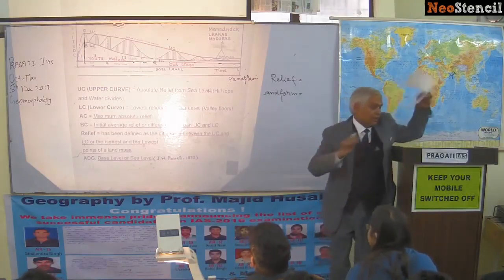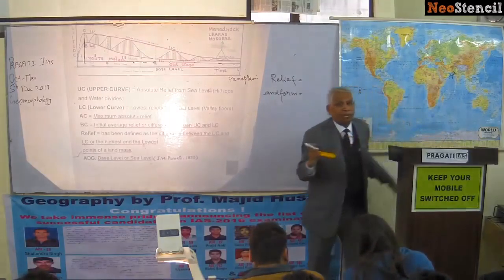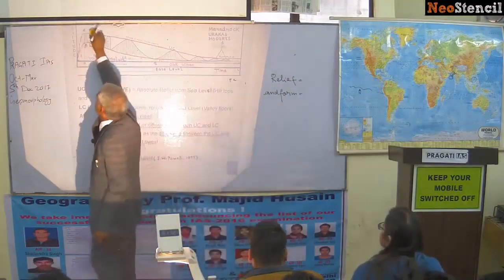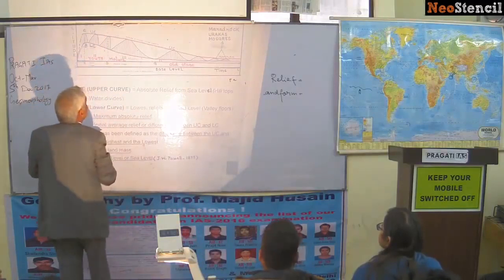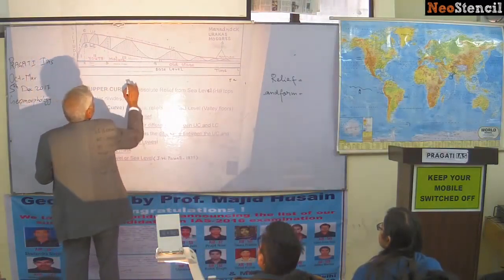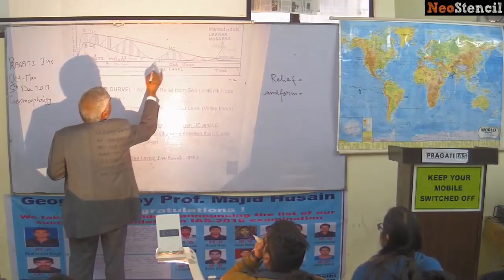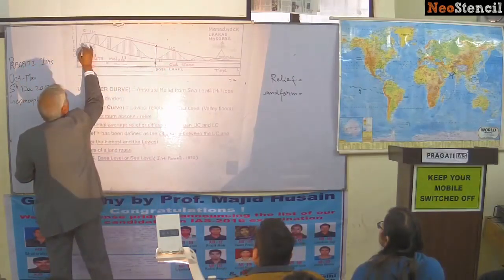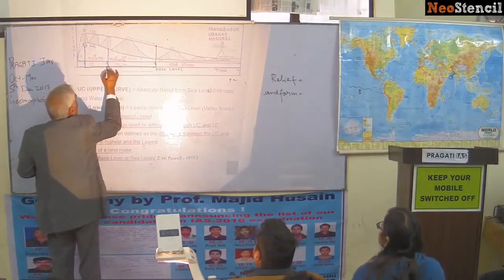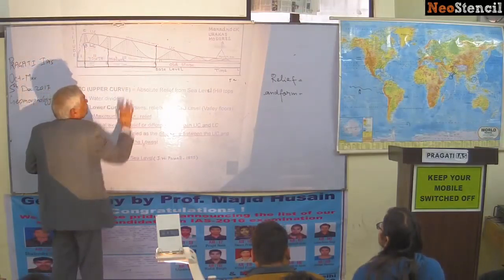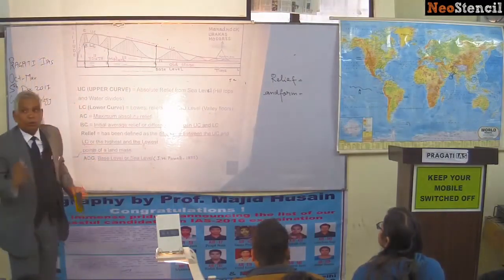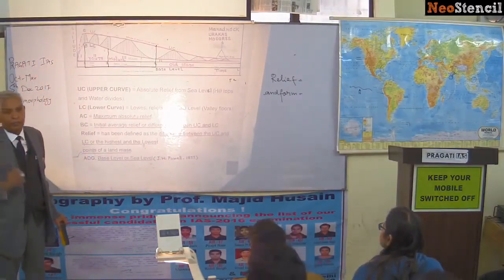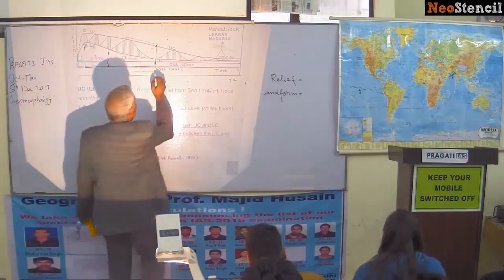And while doing this drawing, one point which the examiners observe. This is youth stage, this is mature stage. The total of these two should be less than the old stage. Old stage is very long.